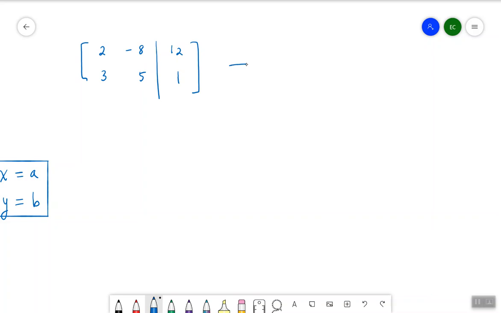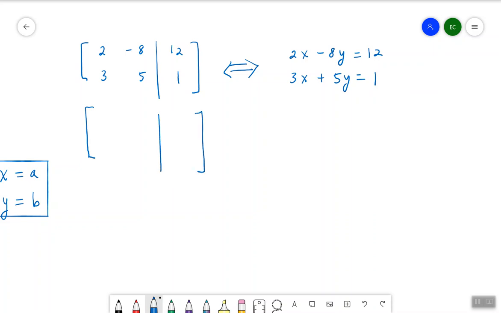And we're going to remember that that's equivalent to 2x minus 8y equals 12, and 3x plus 5y equals 1. And so what I want to do is show you some matrix row operations that we can use to convert to diagonal form.